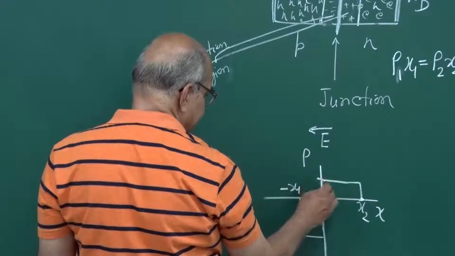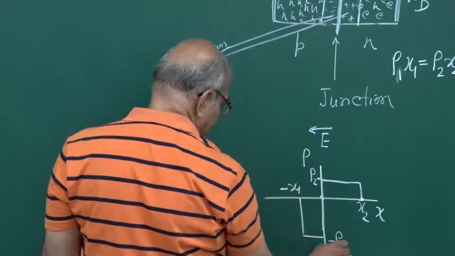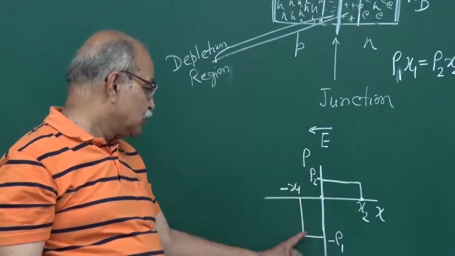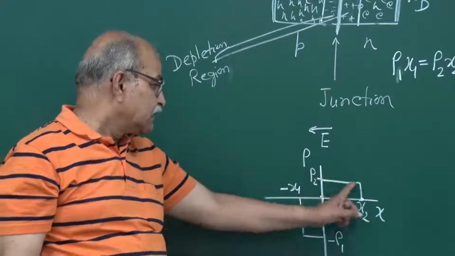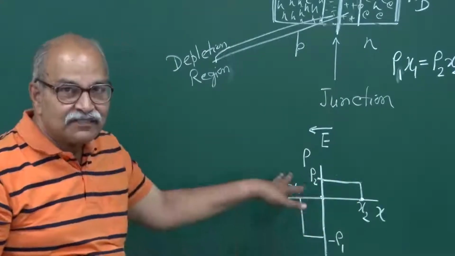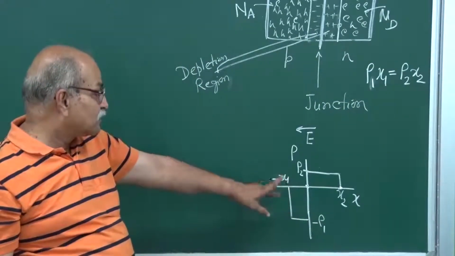This height here is rho 2, and this is minus rho 1. And this area rho 1 times x1 should be equal to this area rho 2 times x2.